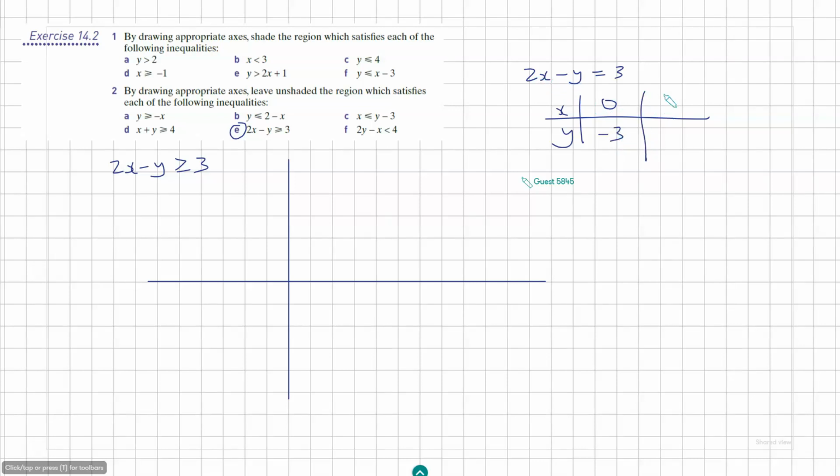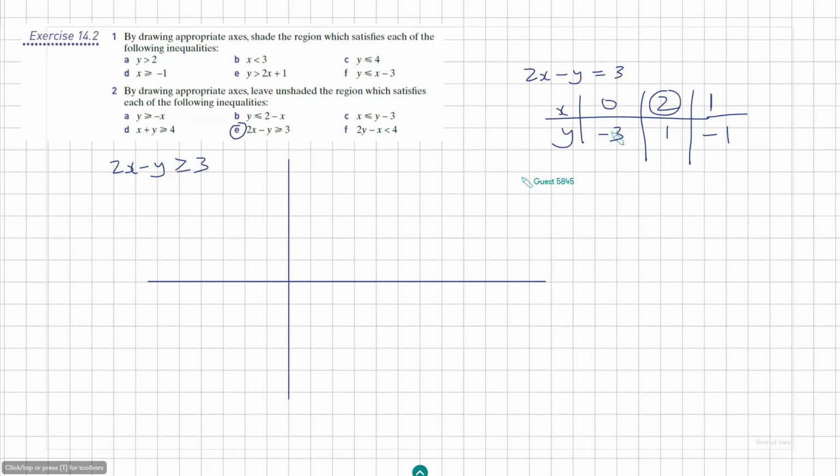Then when x is, let's say, 2, y is 1. You need not take 2; you can take any number you want. You can take 1 also. As long as you get 2 integers that you can plot easily, you can use that. So if x is 1, y will be negative 1.